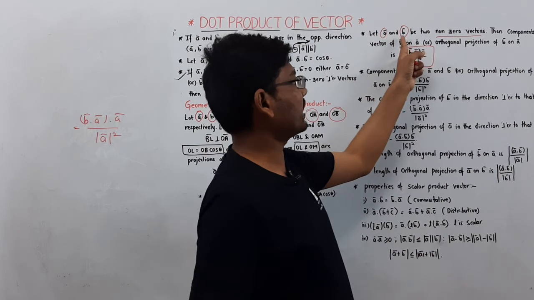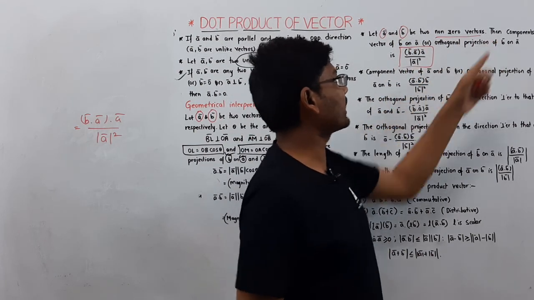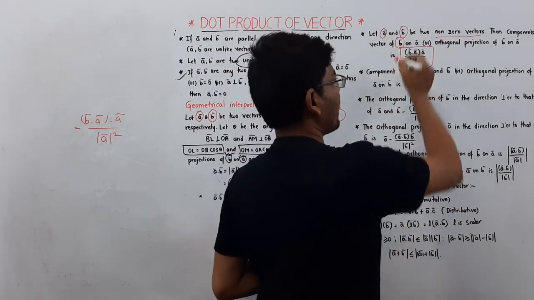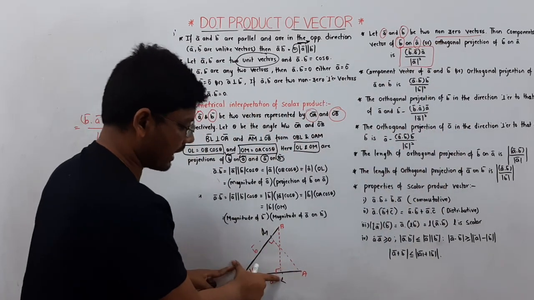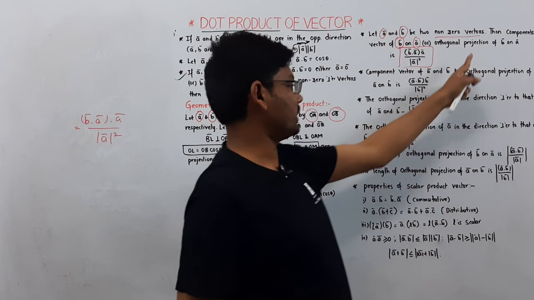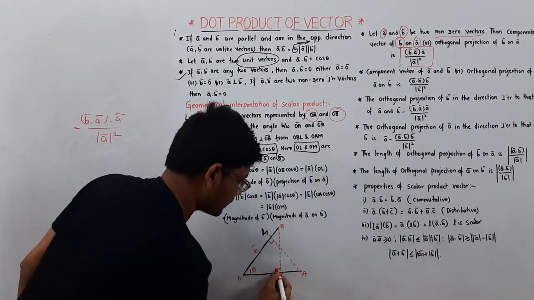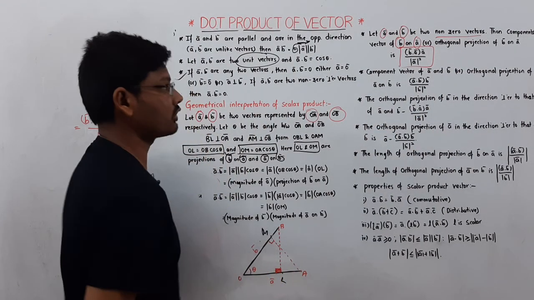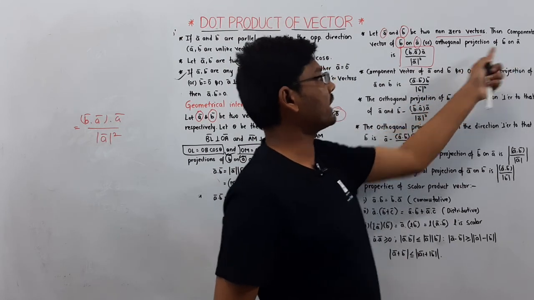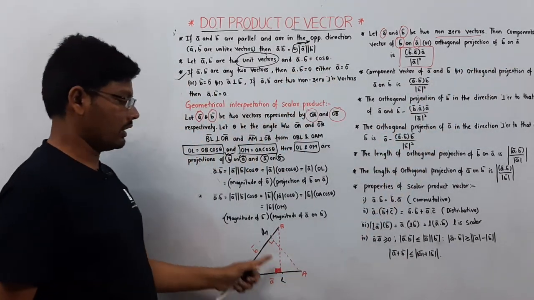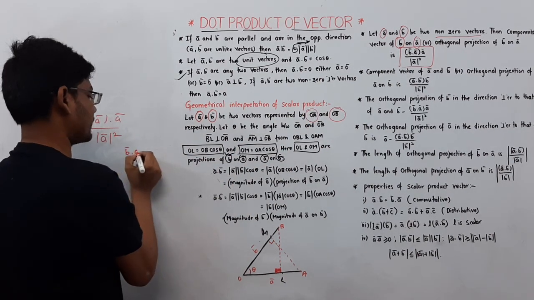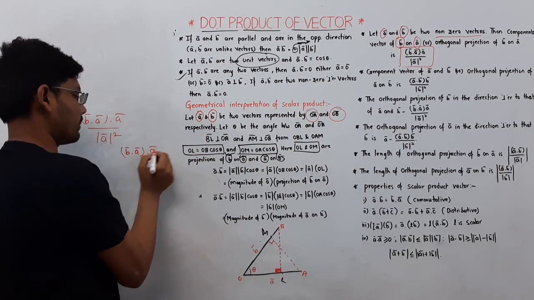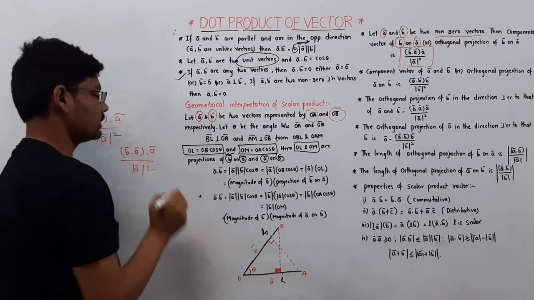When the two vectors are non-zero vectors, the component of B bar on A bar is the orthogonal projection, which by this property is the scalar product of B bar and A bar into A bar by modulus of A bar whole square.